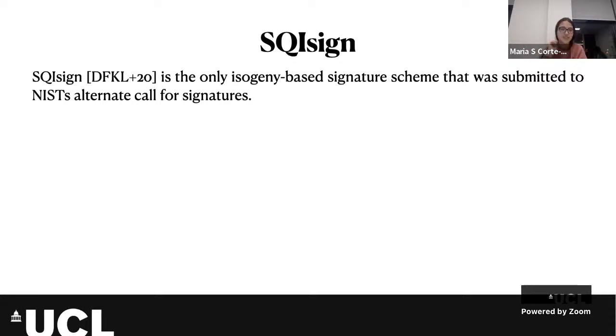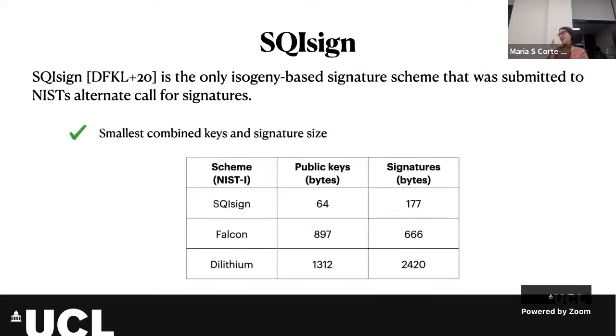As I mentioned before, SQIsign is an isogeny-based signature scheme. And before I go into the details of isogenies or SQIsign, I wanted to give a high-level overview of its benefits and its drawbacks. The first and maybe most attractive feature of SQIsign is that it has the smallest combined key and signature sizes.